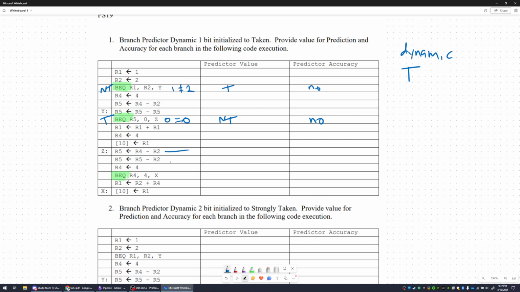So this line of code will run, this line of code will run, and this line of code will run. And we see here, what's in R4? 4. So 4 is equal to 4. This is a branch on equal, so in reality, we will take this. And since we were wrong here, their next prediction was going to be taken. And this time, these are equal, so it's a yes. So the accuracy was 1 out of 3.